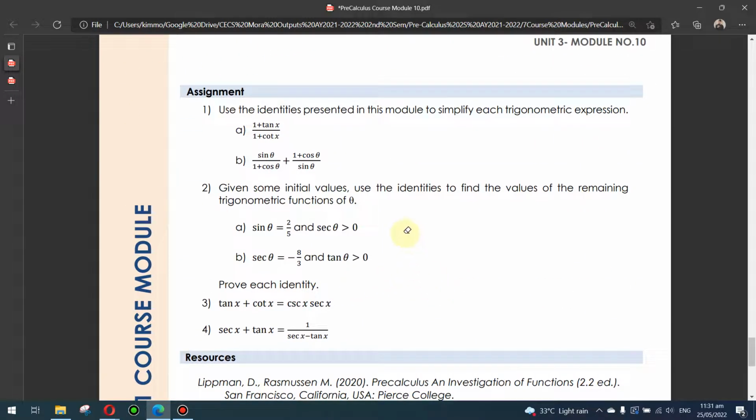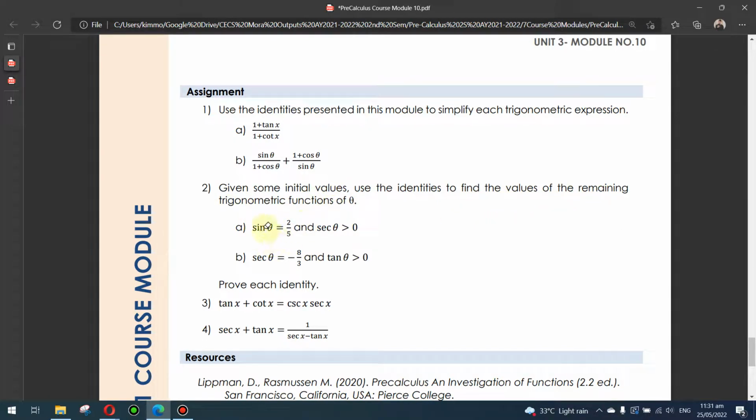So, for your assignment, use the identities presented in this module to simplify each trigonometric expression. So, i-simplify lang ni sila. Kani unsay simplified, kani unsay simplified niya. Then, given some initial values, use the identities to find the remaining values of the trigonometric functions.